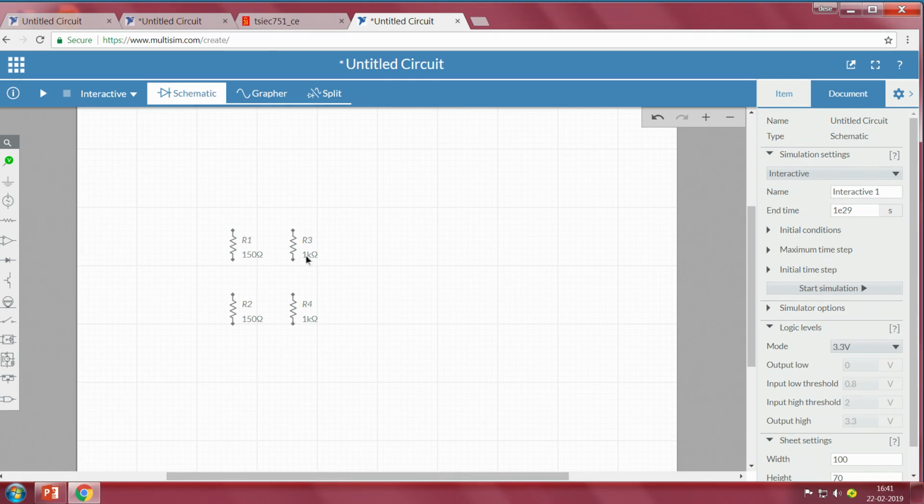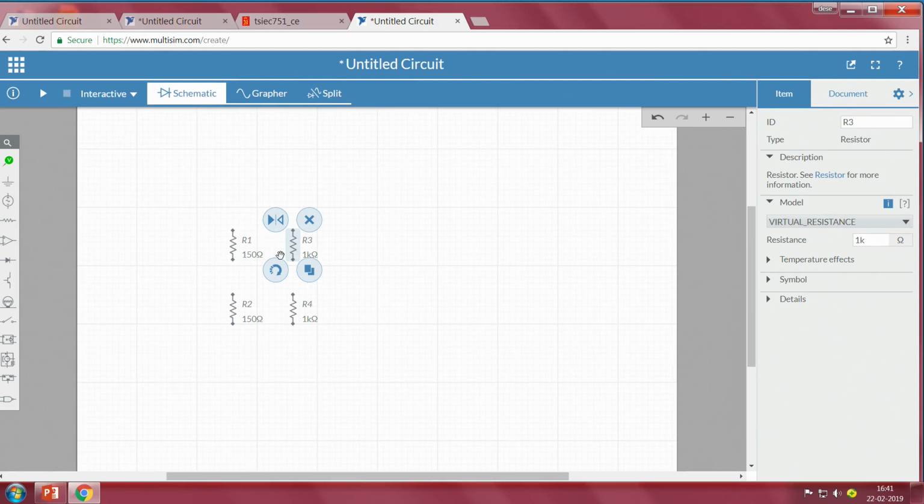So let's assume we take 1K. We could even choose a 5K resistance. So it's okay to choose a higher resistance on the other arm of the bridge.